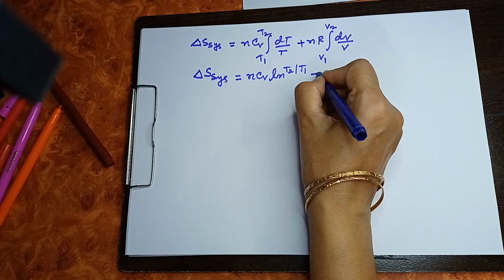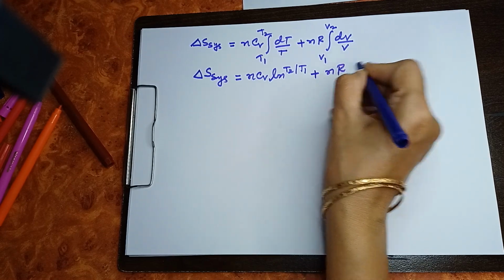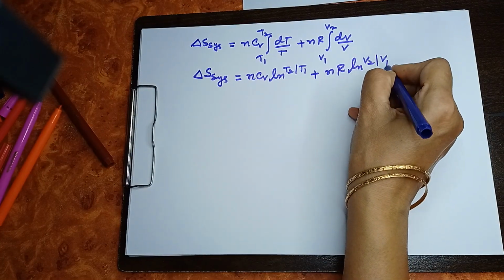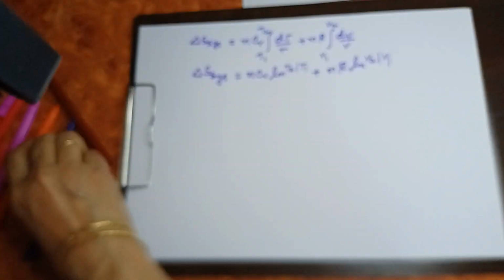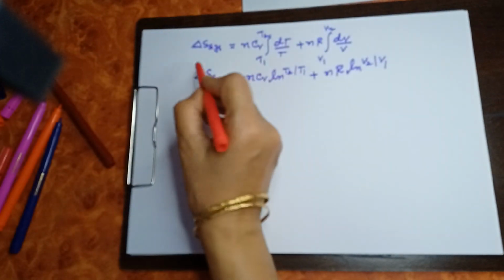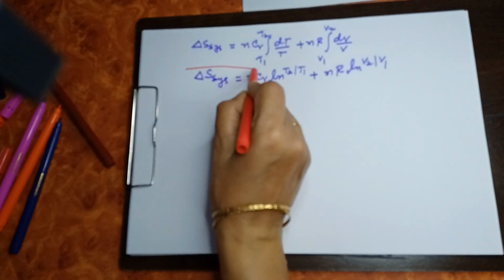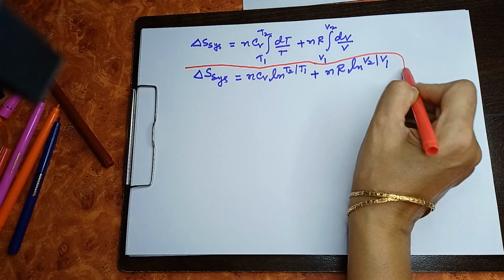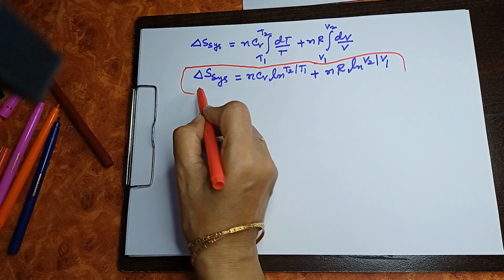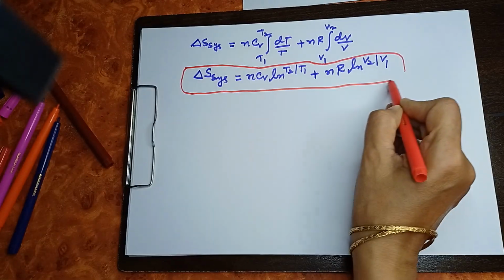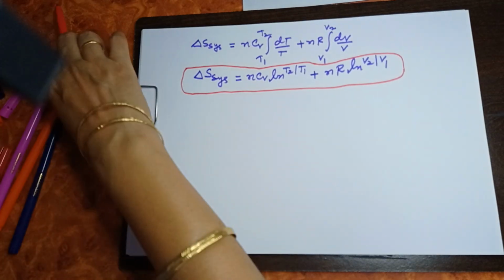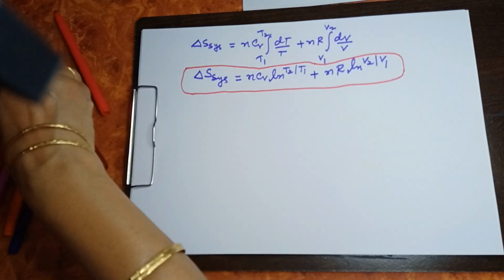In the similar way it is nR ln V2 by V1. So this is the equation for the entropy change of this system, and we can apply this equation for all the processes depending on the condition. Okay. Now one by one we'll start.